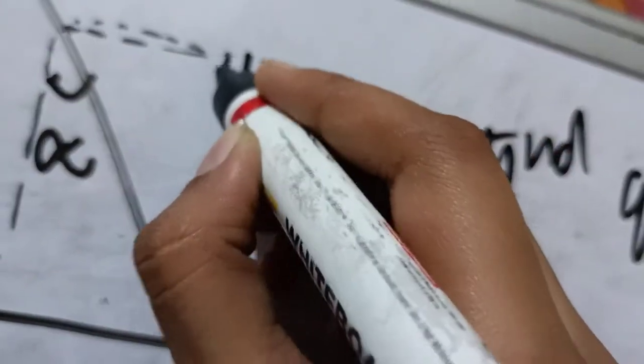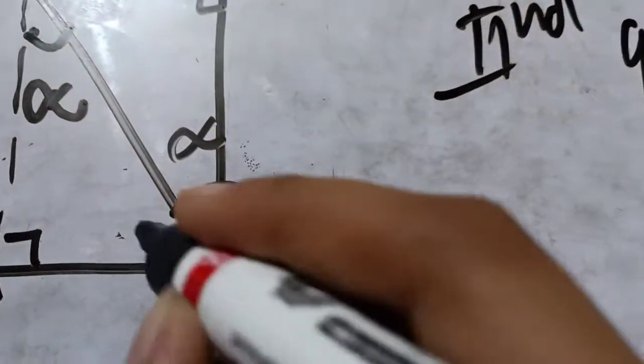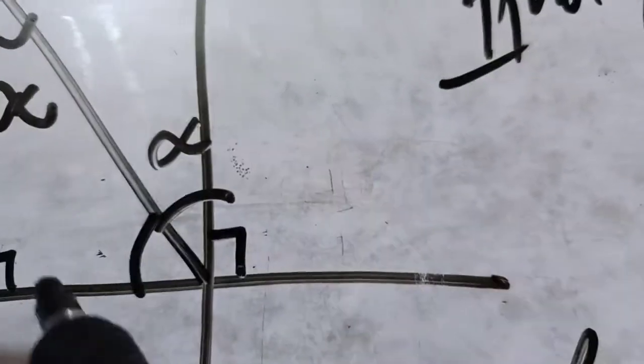Here this is 90 degrees, this is also 90 degrees. You know that this angle is 90 minus alpha, right? And if you are finding tan of this angle, it is equal to tan of 90 minus alpha.